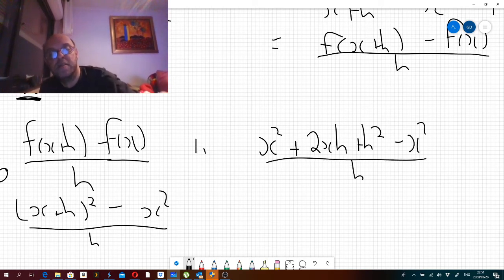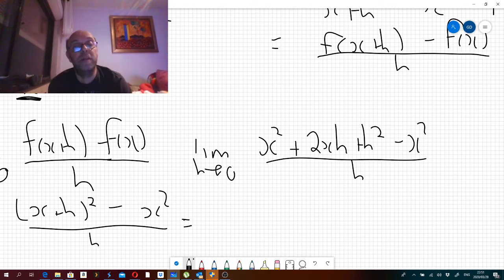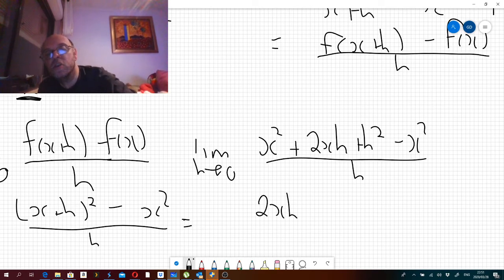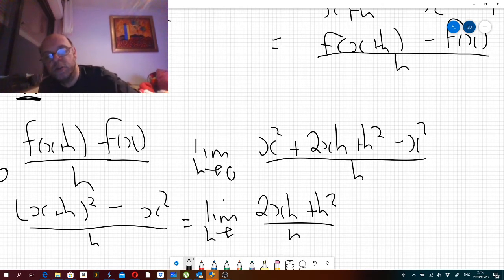And remember, this is still the limit as h approaches 0. Now, therefore, we can say it's equal to, what's x squared minus x squared? Well, that disappears. So we are left with 2xh plus h squared all over h, and of course the limit as h approaches 0. You're going to see why this is important in a moment.